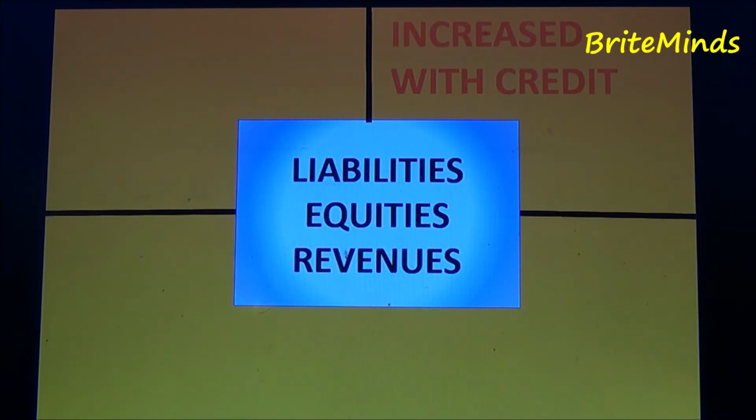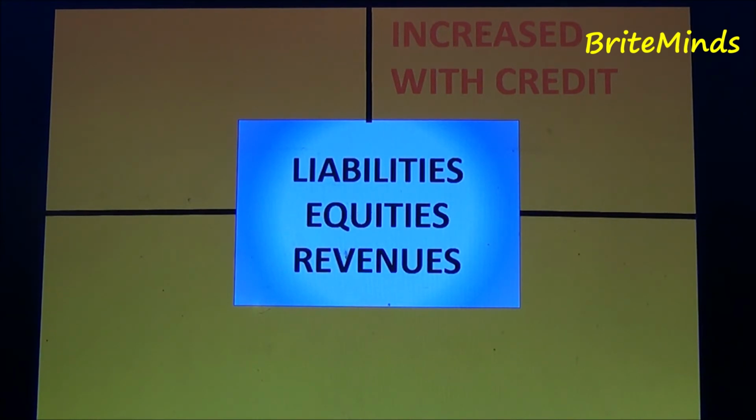According to rule number 3, debit the receiver, credit the giver. The giver this time is the owner of the business entity, like when the business owner decides to invest or add additional capital to the business.